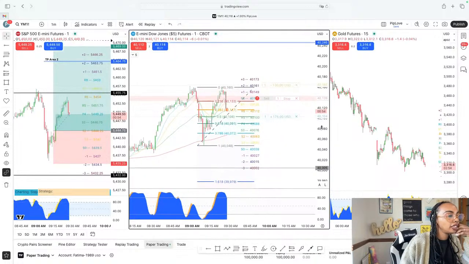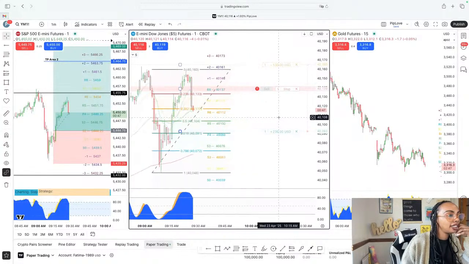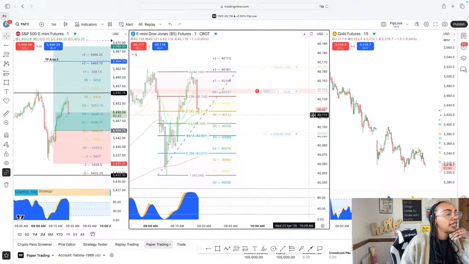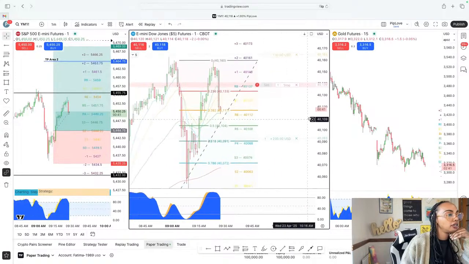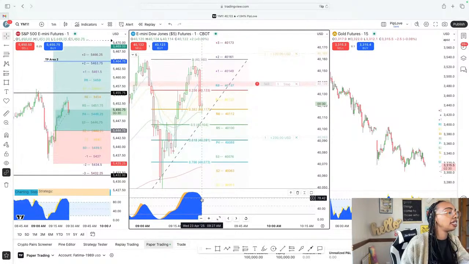So once price comes down to that level, it looks like it's still dropping. Let's see if price is going to continue to sell. We see that we're down here, still bouncing around, but our RSI is still giving selling momentum.